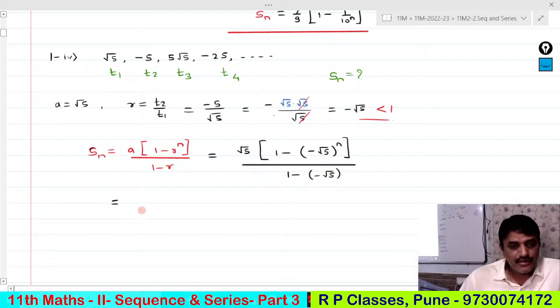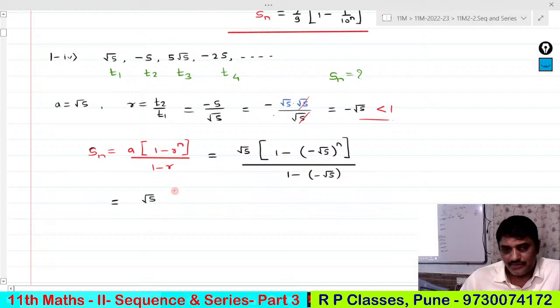Correct? Now that will give me this, which is root 5. I think we cannot change this much, so let it be like that.